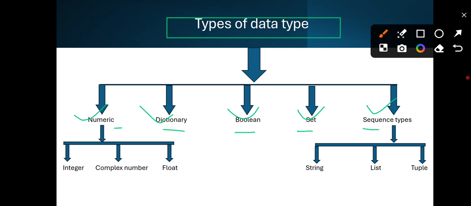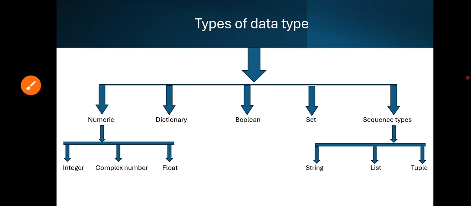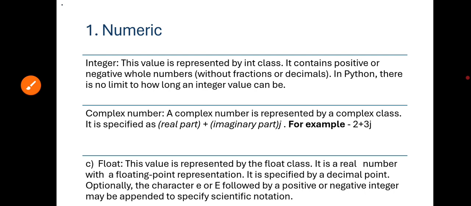In numeric there are again 3 types: the first is integer, the second is complex number, and the third is float. The last one is sequence types, which again has 3 types: the first is string, the second is list, and the third is tuple. Let us go through them one by one.